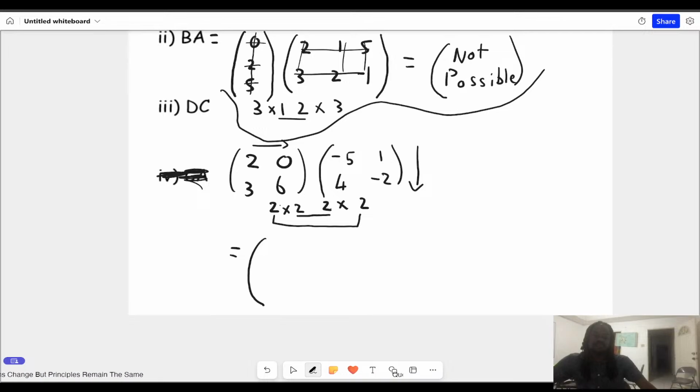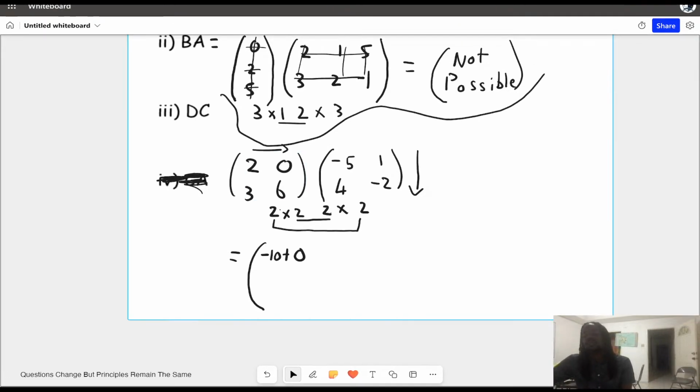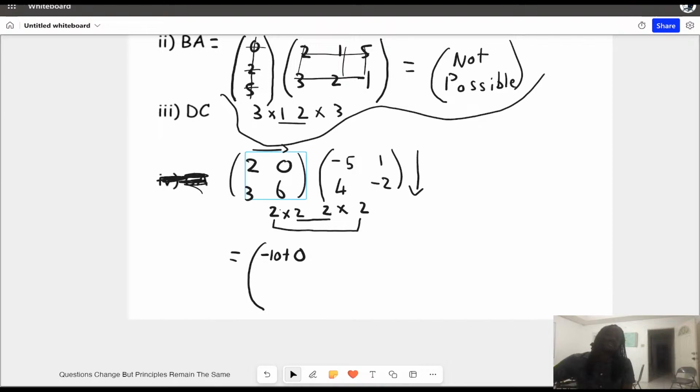2 times -5, -10. Because I'm going to multiply by the 0, I'm going to then say add, so plus 0 times 4, 0. So I am done with that column. So I use this row to multiply that column. However, in this case, there is another column over here. So I can't just move to the 3 and the 6 before I make sure that I have multiplied all the columns by that row. So I need to use the 2 and the 0 again, but this time I need to multiply by the 1 and the -2.